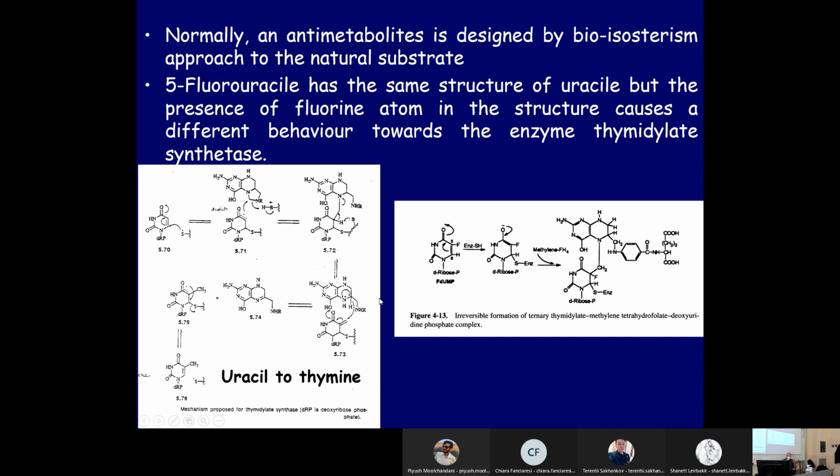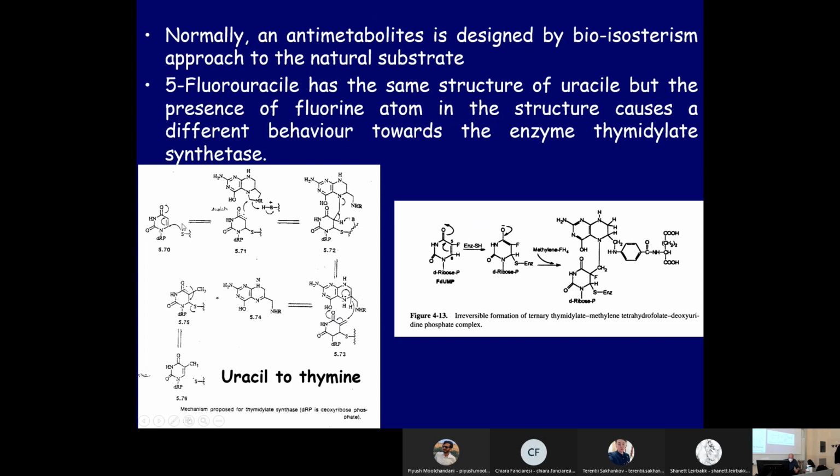But I want to show you another example, and we'll see also this example in a future chapter about anti-cancer drugs. Here you can see a biochemical pathway.